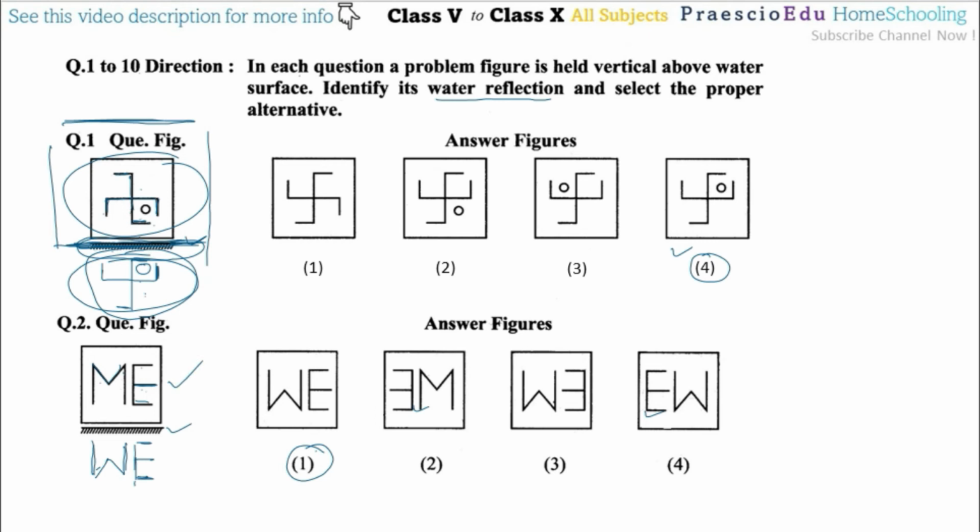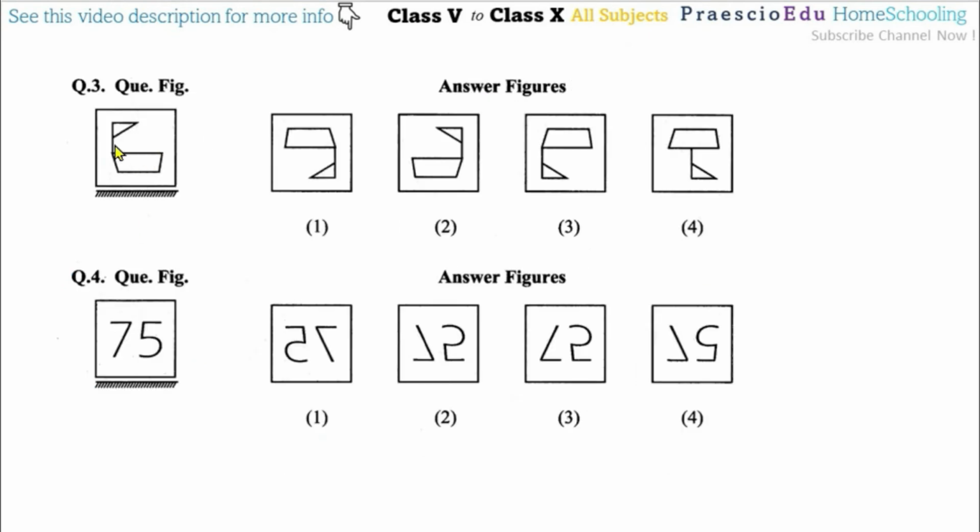Now question number 3. From this one, which will be the water reflection for this figure? Here this horizontal line is near to the surface of the water, so we will keep it as it is. Now this line is like this, so in reflection we will see it like this, and this one also like this. After this, the horizontal line will be like this. This flag is on this side, meaning on the left side of this boat, so it will come here, and this arrow is moving from left to right.